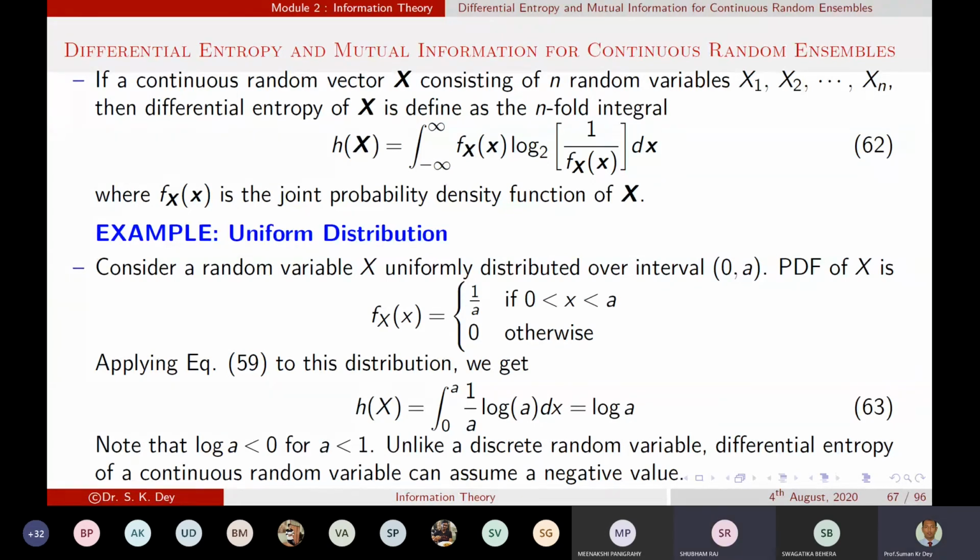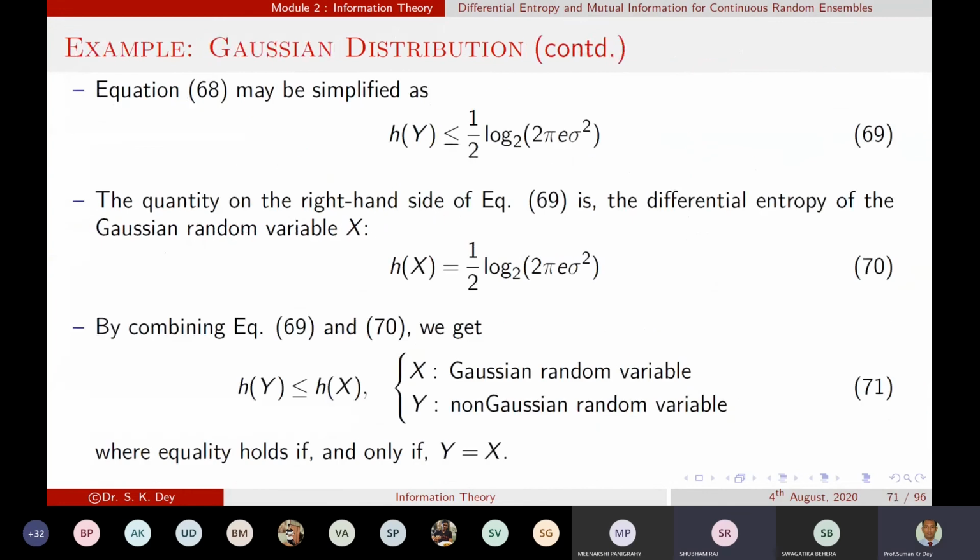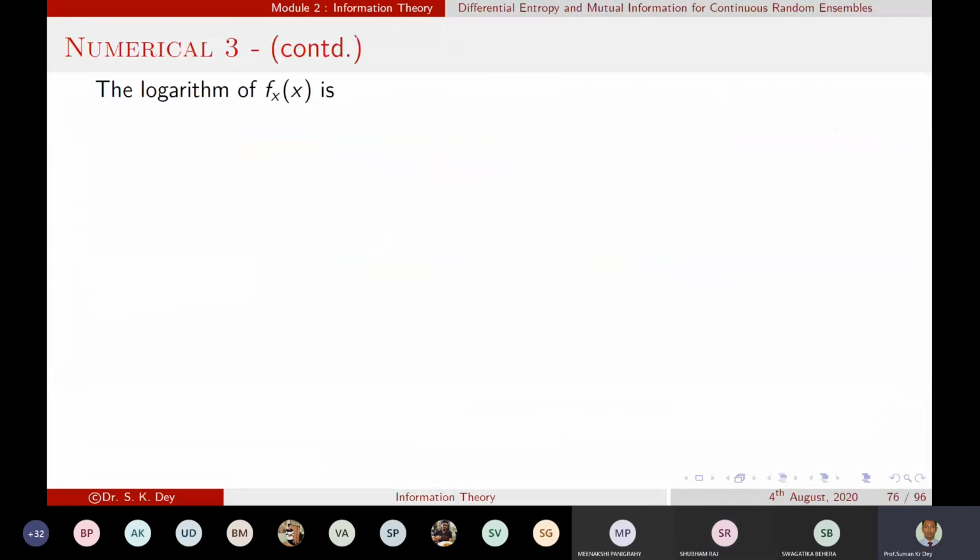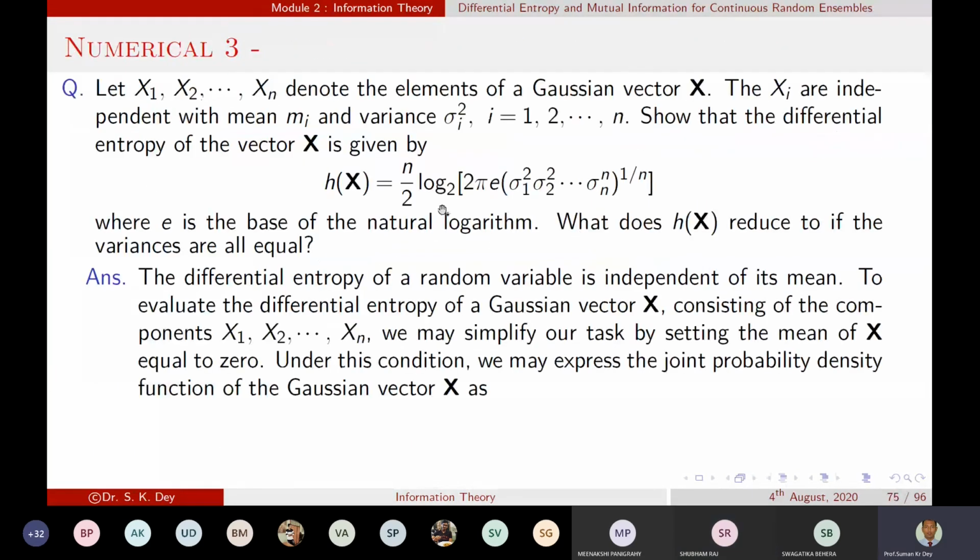So when do we have to set them? In this example, we set the mean to 0. Now, how do we know that we have to set that? Because if you see the question, it is given that the xi are independent with the mean mi.